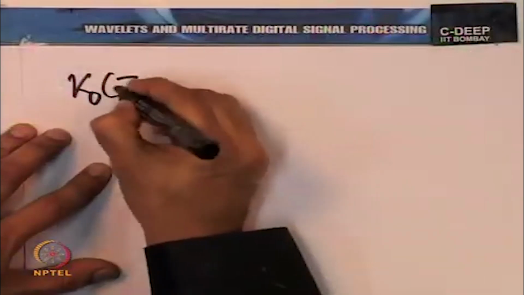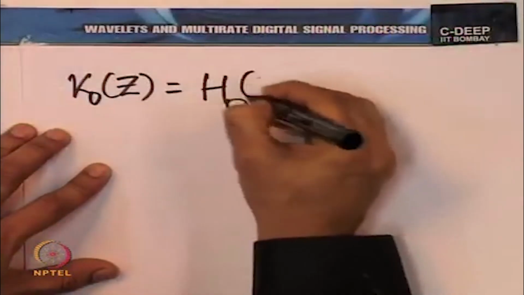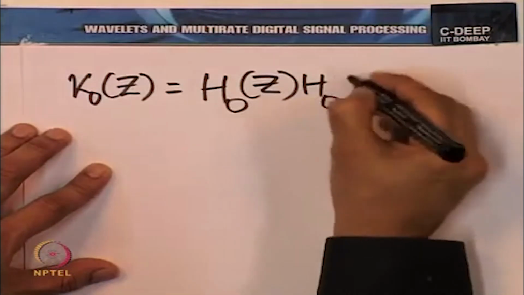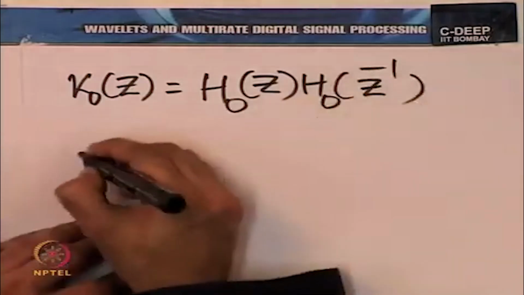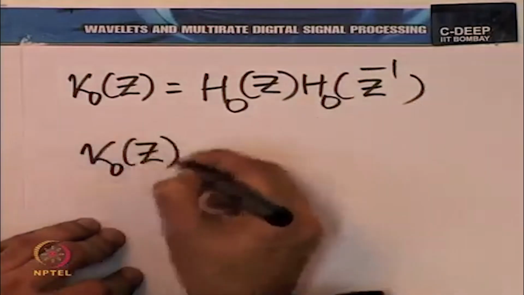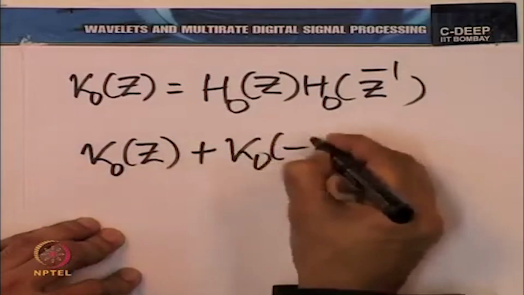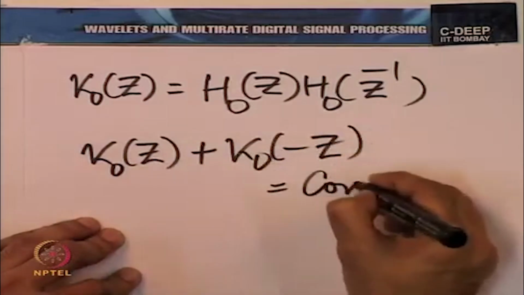How do we determine the constant C 0? Well, we go back to the original equation of kappa 0 z that we had. So, we wanted kappa 0 z defined by H 0 z times H 0 z inverse to obey the following: kappa 0 z plus kappa 0 minus z is a constant.